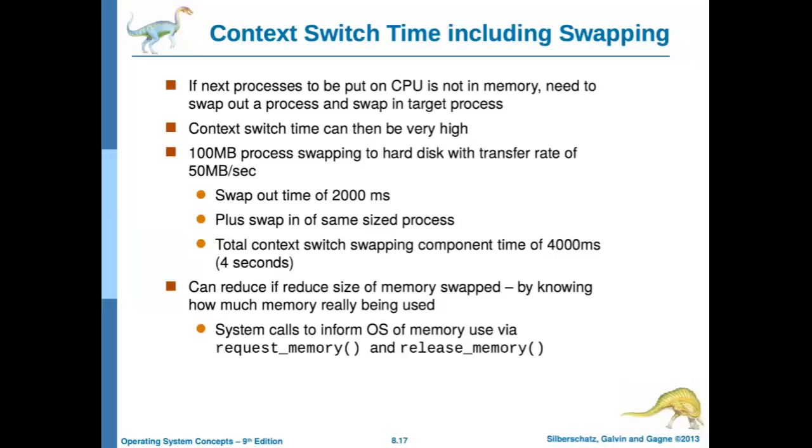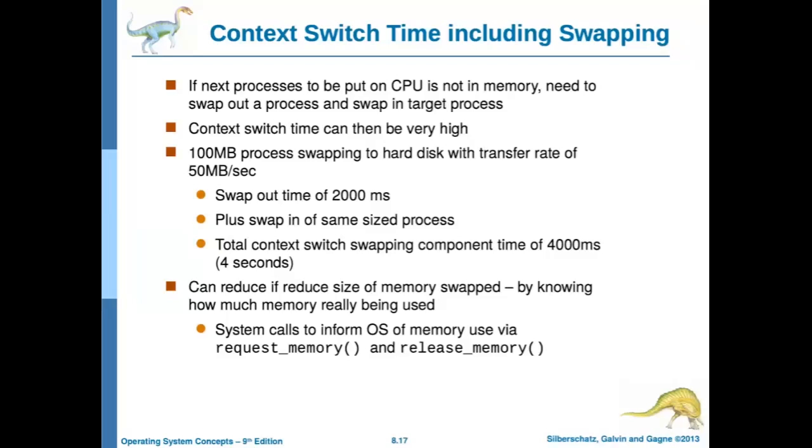One small example is given here. Suppose a 100 MB process is swapped to hard disk with a transfer rate of 50 MB per second. So the size of the process is 100 MB, and the swap out time is definitely 2000 milliseconds.